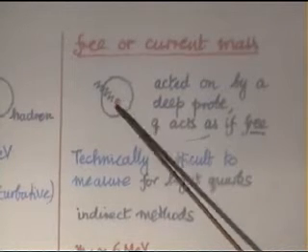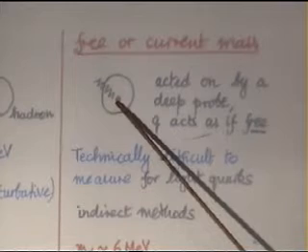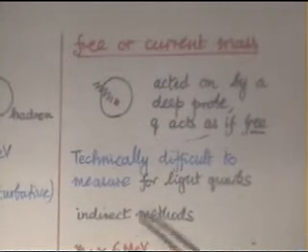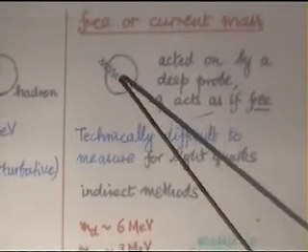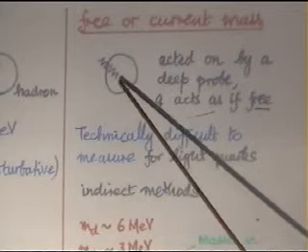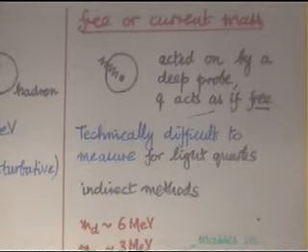So if we can hit it and see it's free, we should in principle be able to measure its mass. But this is very difficult for light quarks, because this has to be very, very energetic, and it's very hard to distinguish what the mass is if you're hitting it with an energetic probe. So we have to get this by indirect methods for the lighter quarks.